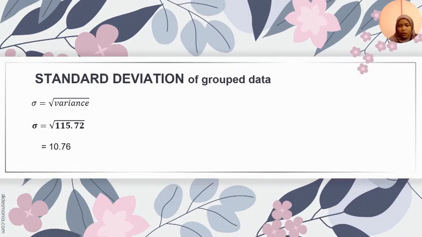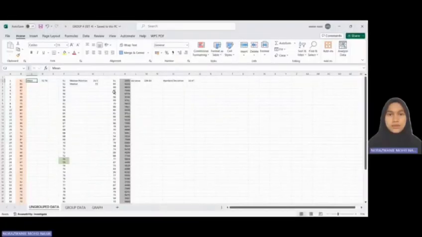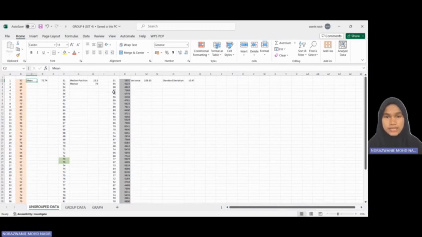Lastly, to calculate the standard deviation of grouped data, you need to square root the variance. So the standard deviation you have is 10.76.